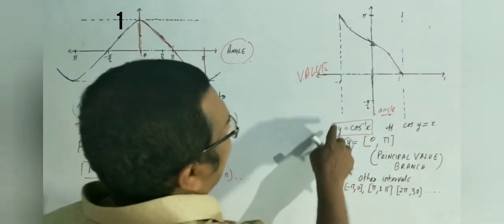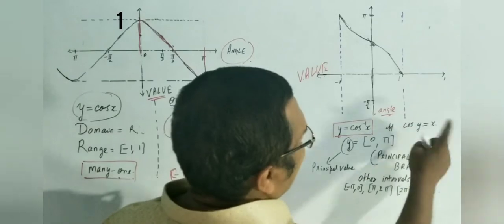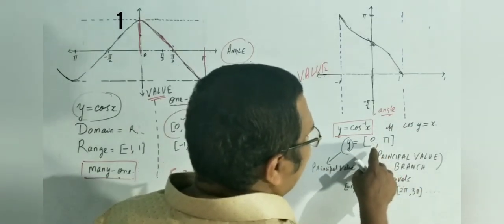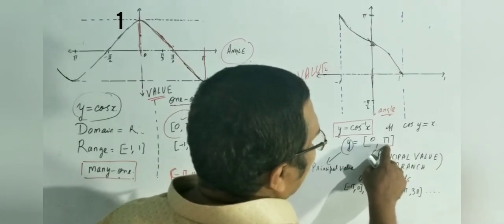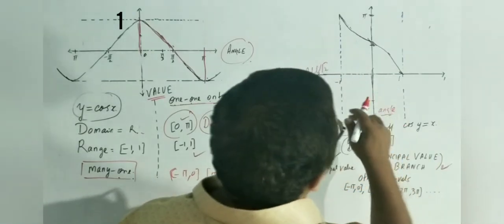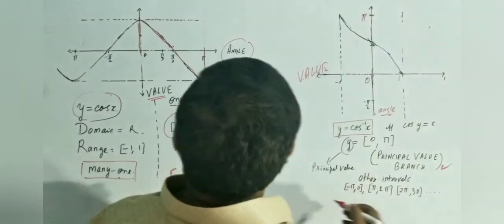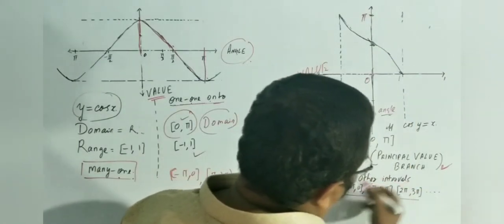So this is the graph of the cos inverse function. If cos y is equal to x, y should be in the closed interval 0 to pi, less than or equal to pi and greater than or equal to 0. And this is called the principal value branch, 0 to pi. Other intervals are possible, but amongst them we choose this.